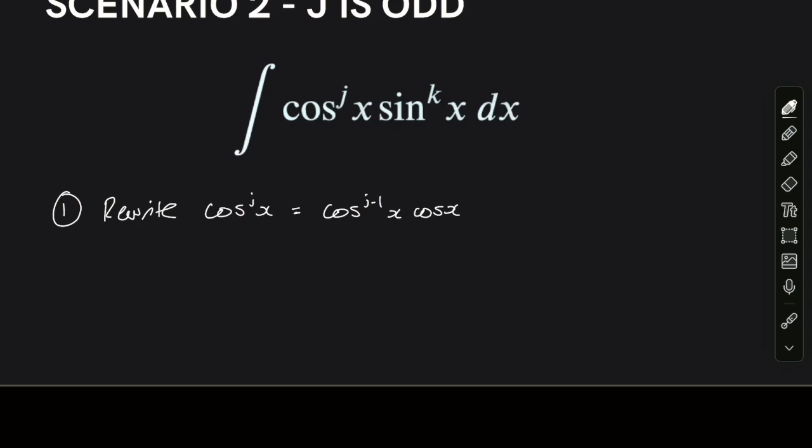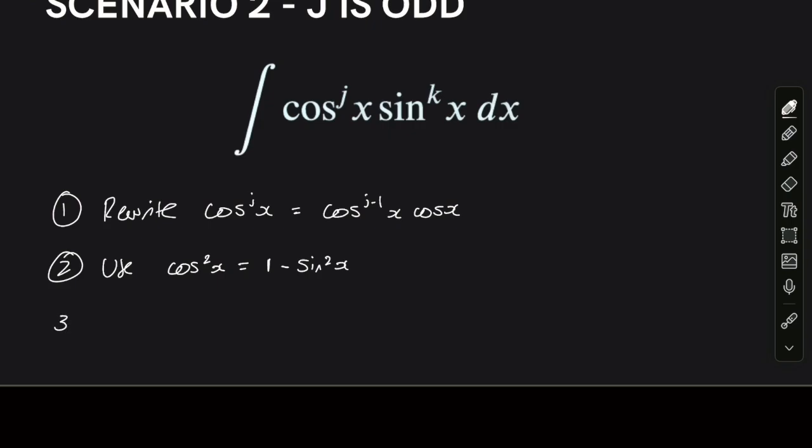And then we're going to use the identity cos^2 x is equal to 1 minus sin^2 x.